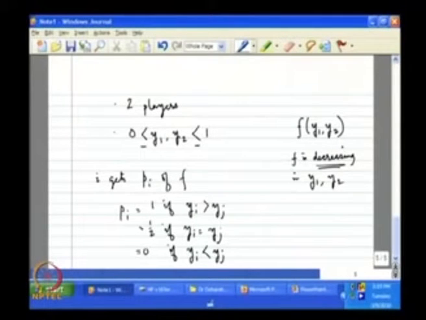So, in short, if I have spent more resources than my rival, I get the full of this, the entire thing. If my spending of resource is equal to his spending of resource, I get half of this f, and if I am spending less resource than my rival, then I am not getting any part of this f.